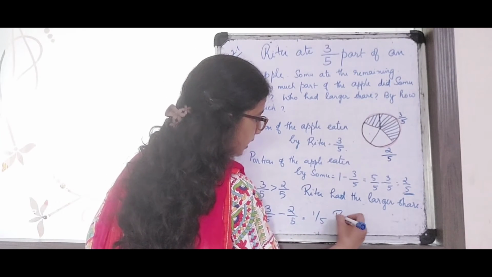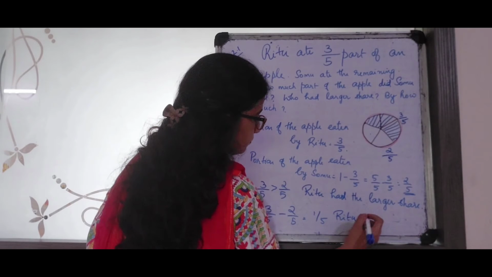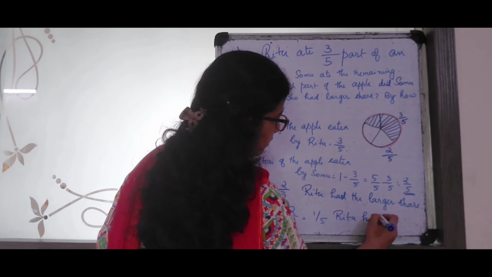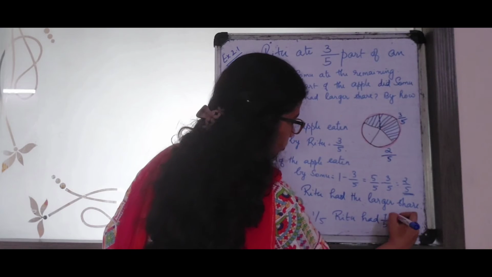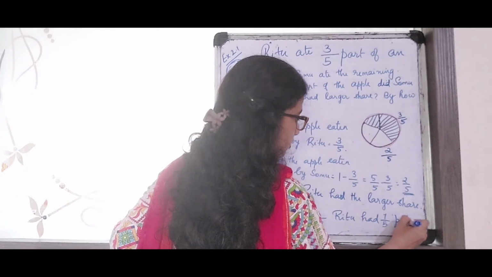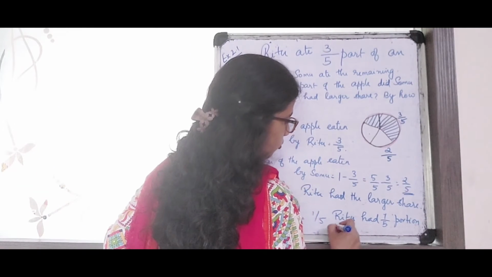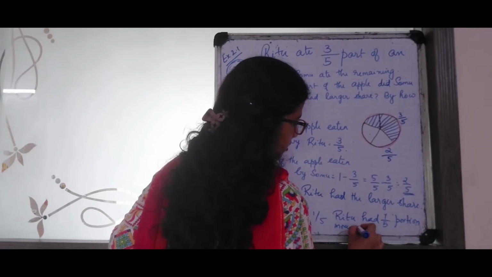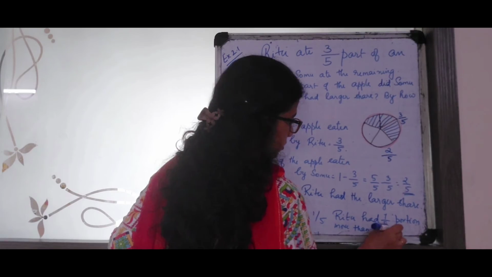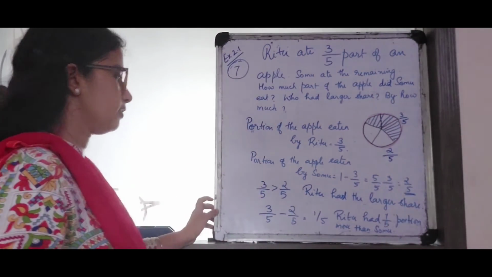So Ritu had 1 by 5 portion more than Somu. Okay, hope it is clear.